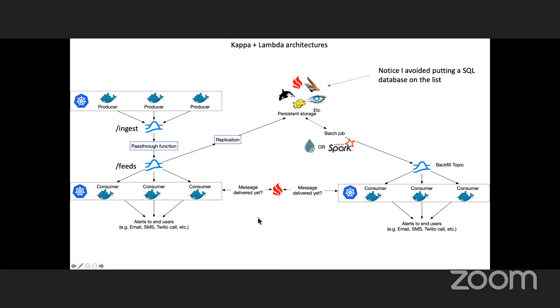Now, if you have something that's hitting your end users, you have to be very careful to make sure your service is idempotent, because otherwise they're going to get duplicate messages, and that can cause other problems. One way to address this is to use persistent caching, or this idea of a distributed cache like Ignite. So you can just check if the messages have been delivered, and there are different ways that you could instrument this.